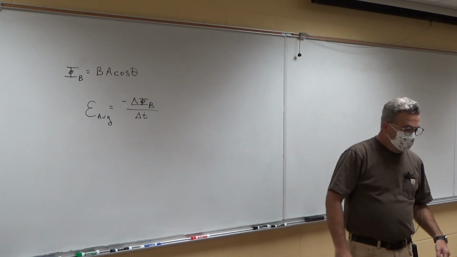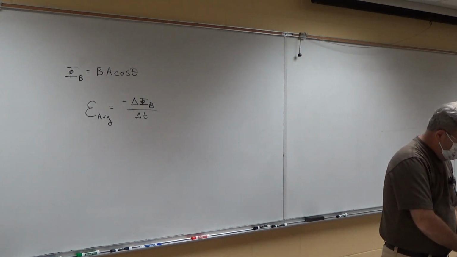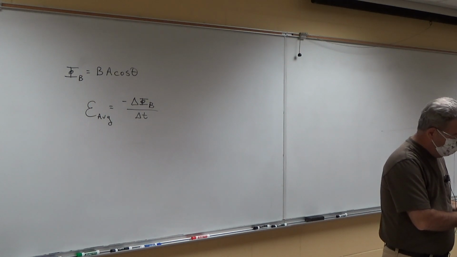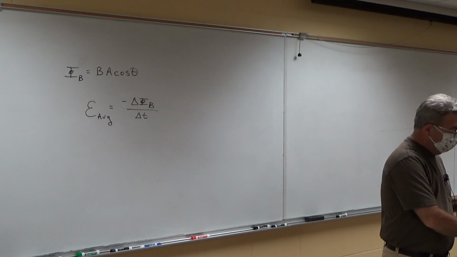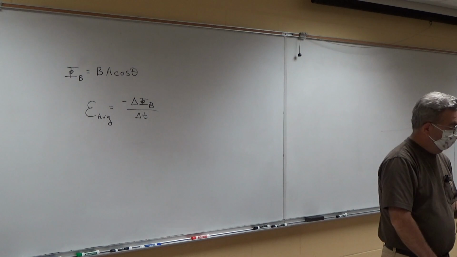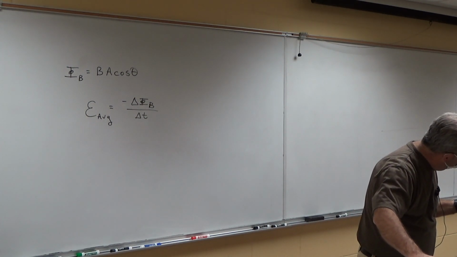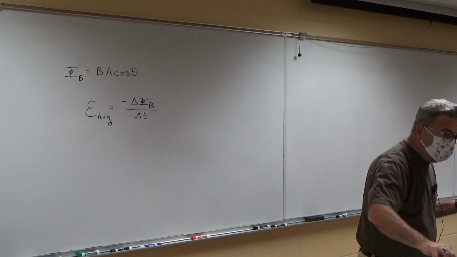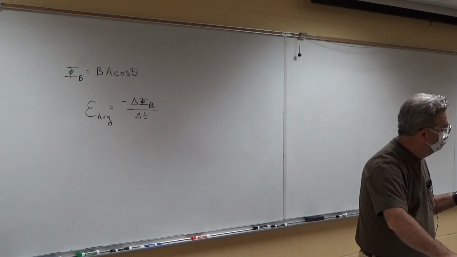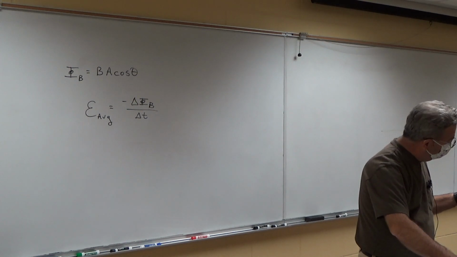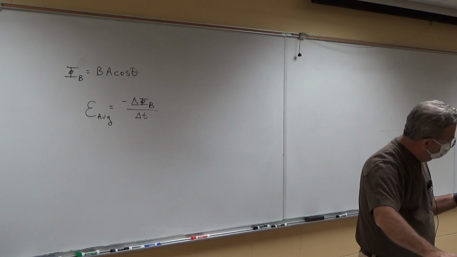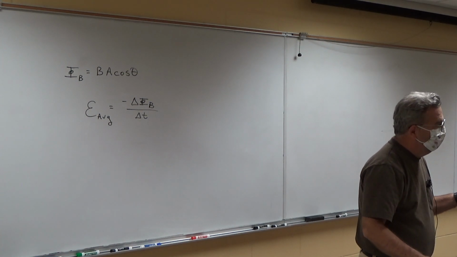So here's a coil, and here's a little, it's called a galvanometer, so it's a pretty sensitive little ammeter. And if I move this magnet into the coil, you can see that I get some induced EMF. I get current being made.